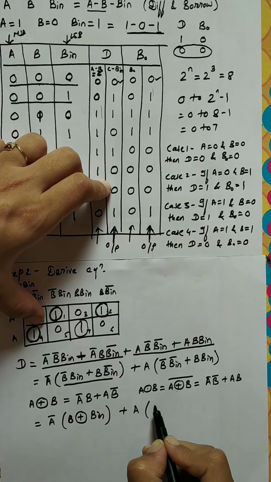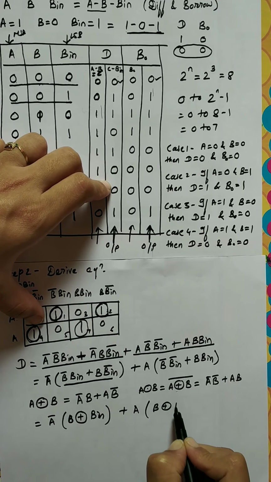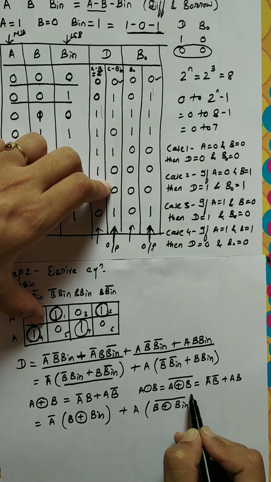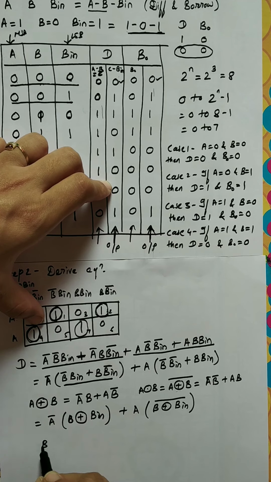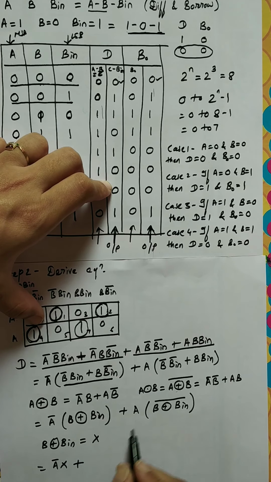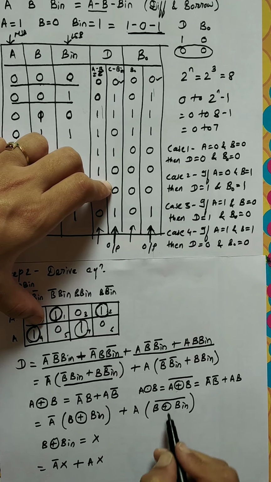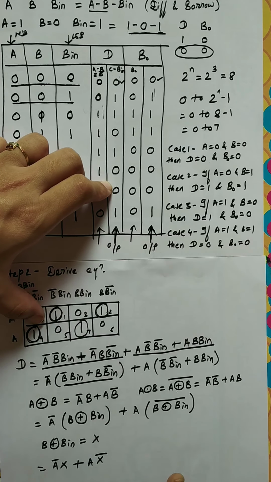So here I'll write B XOR C in full bar, right? Now I'll substitute B XOR C by X, right? So A XOR X plus A X bar is pending, so I'll write the bar here.